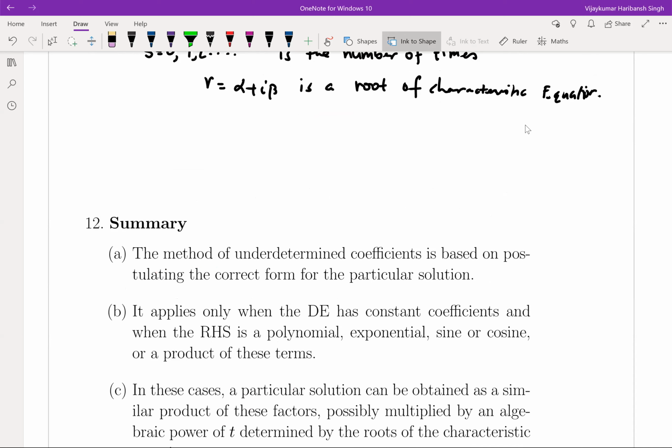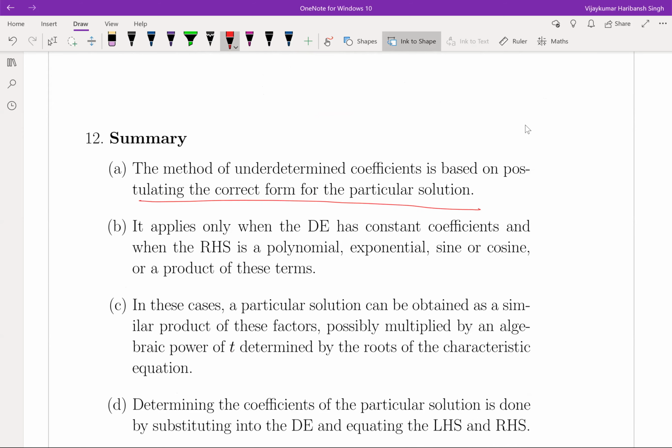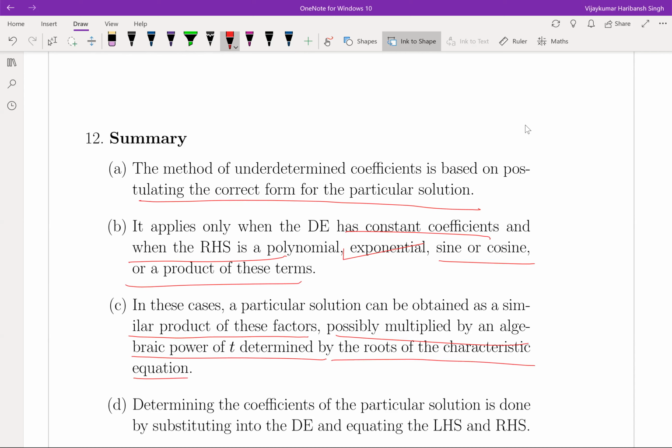So the summary of this is the method of undetermined coefficients is based on postulating the correct form of the particular solution. It only applies when the DE has constant coefficients and when the RHS is a polynomial, exponential, sine, or a product of these terms. In this case, a particular solution can be obtained similar to the product of these factors, possibly multiplied by an algebraic power of t, which is determined by the roots of the characteristic equation.